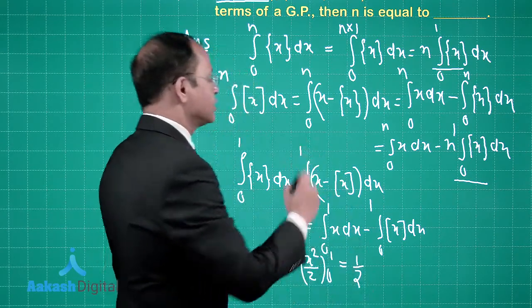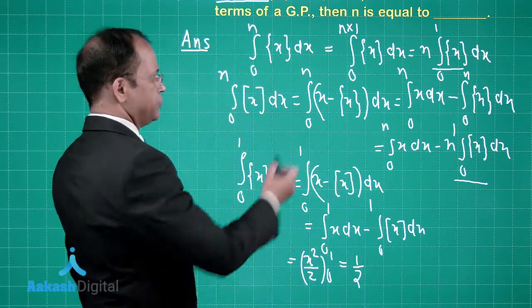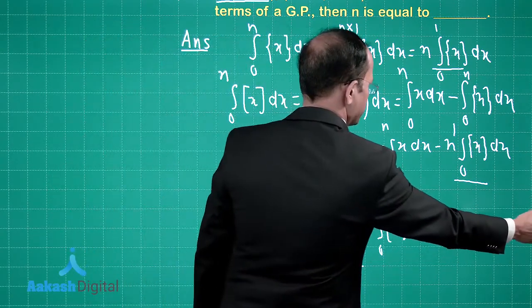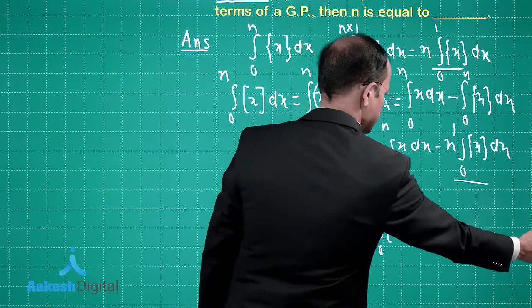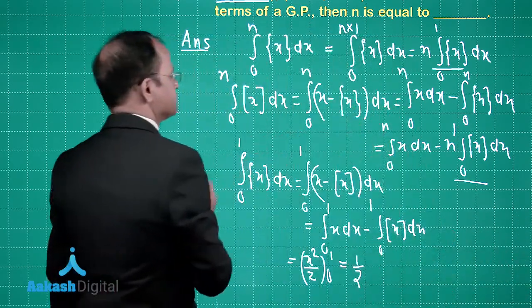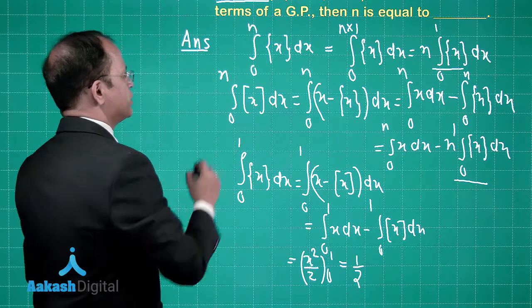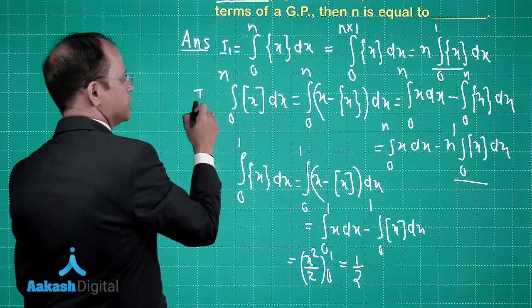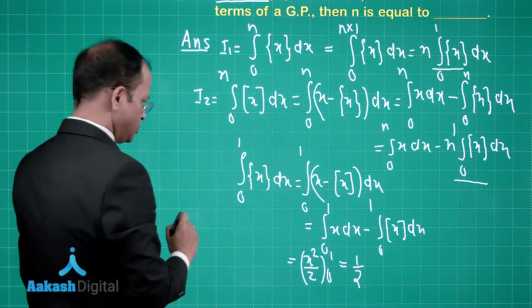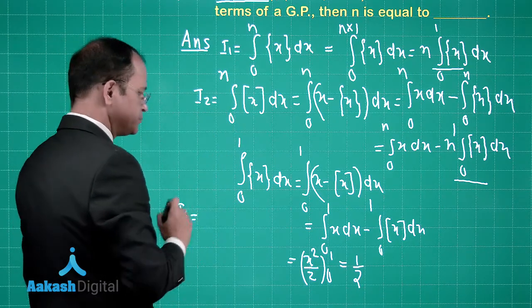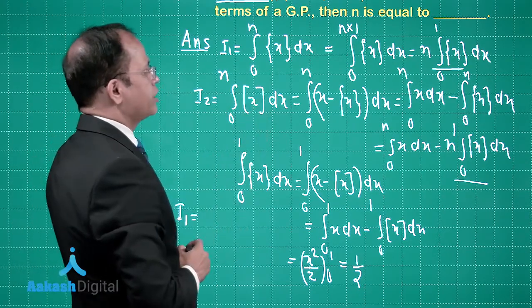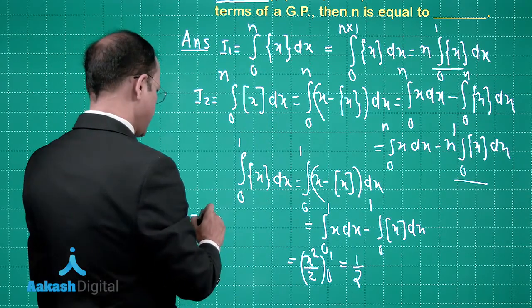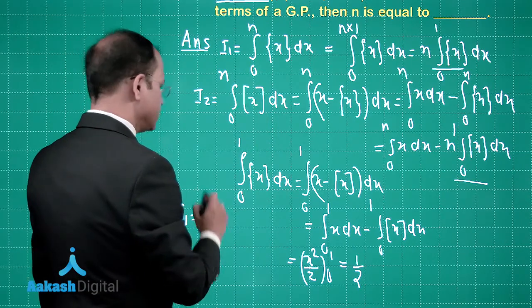Got it? So we substitute the values here. This is the first integral we are talking about, and this is the second integral. So I1 is going to be n by 2.